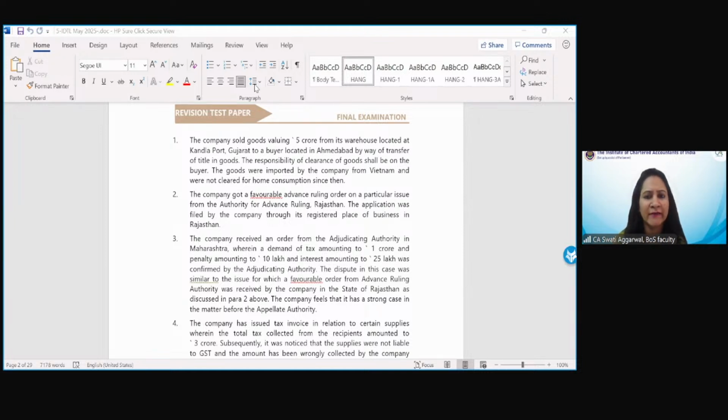Prashant, your answer is correct. Pratik, I want to know whether you are putting your answer in respect of the company or the jurisdictional officer.